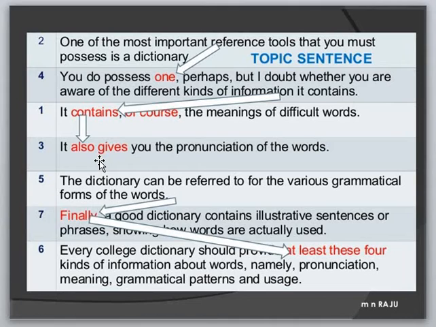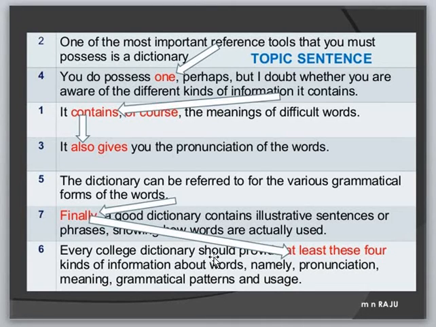To connect the next sentence with this, it also gives you the pronunciation of the words. So here it is connecting with this sentence, this idea. The dictionary can be referred to for the various grammatical forms of the words. Finally, again, finally is a connector. Finally, a good dictionary contains illustrative sentences or phrases showing how words are actually used.